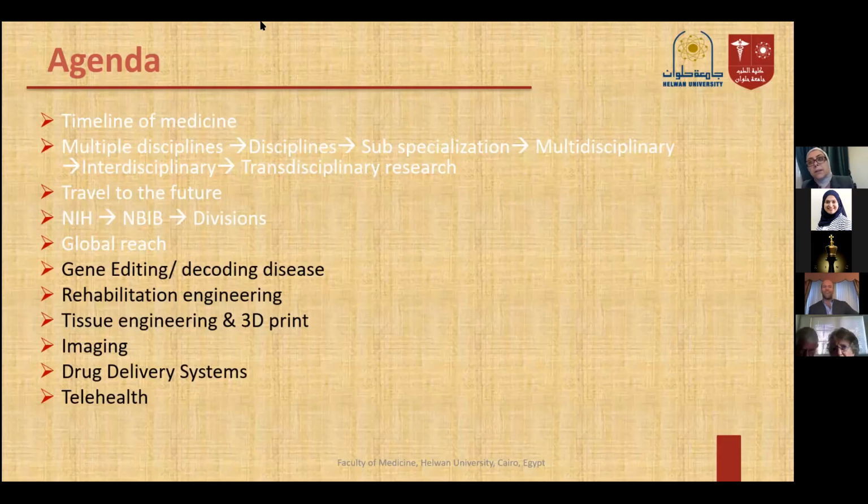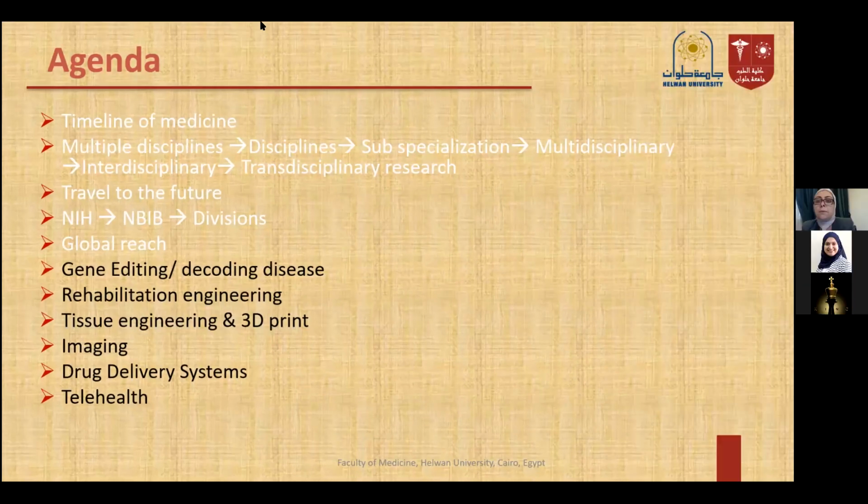Then there was the era of subspecialization, especially in the second half of the 20th century. After the year 2000, the concept of multidisciplinary research emerged, then transdisciplinary research projects.